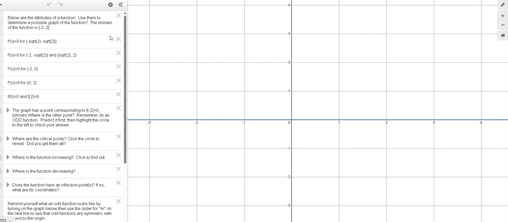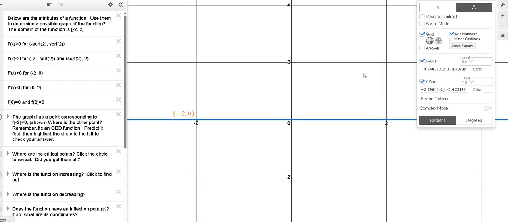So here's mystery function 1. There's all the attributes. So the graph has a point corresponding to negative 2 and 0. This is also, and I'm not sure if I mentioned this in the description or not, an odd function. Do you remember what it means to be an odd function? It means 0 is kind of like a line of symmetry for your graph.